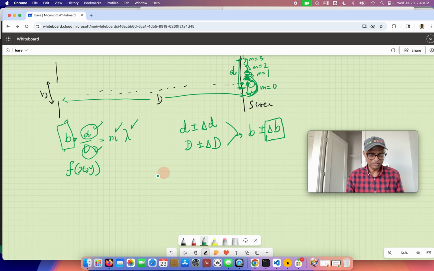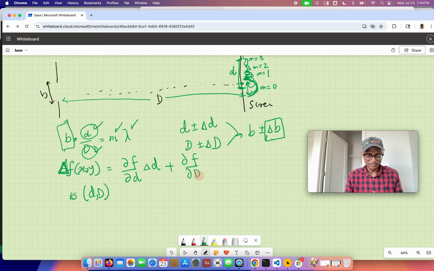In our case, B will be a function of d and D. If you want the differential, you'll have a partial derivative with respect to d times delta d, otherwise you'll have a little d which looks weird.